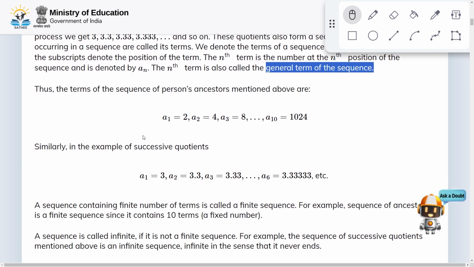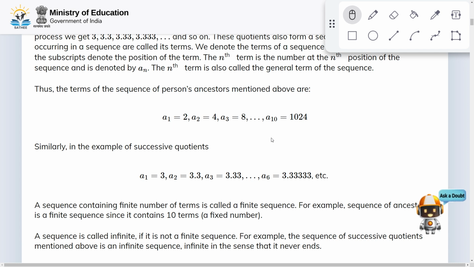Thus the terms of the sequence of ancestors mentioned above are, as already given, A1 is 2, A2 is 4, A3 is 8, and for the 10th generation, A10, the number of ancestors will be 1024.